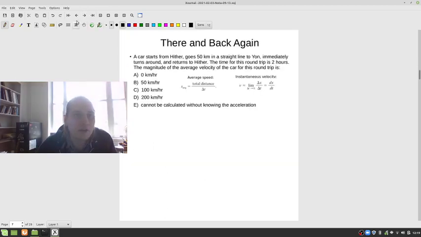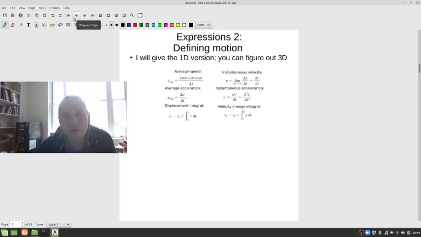All right. So that's enough unit conversions. Now let's take a look at some of our ideas defining motion. So we've talked about speed, how many meters you're going per second, velocity, which is speed with a direction attached to it, acceleration, which is how your speed is changing in time, and then we talked a little bit about how you can use derivatives to go from position to velocity to acceleration.